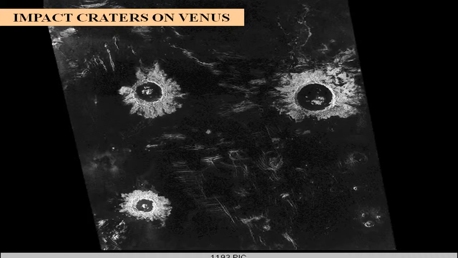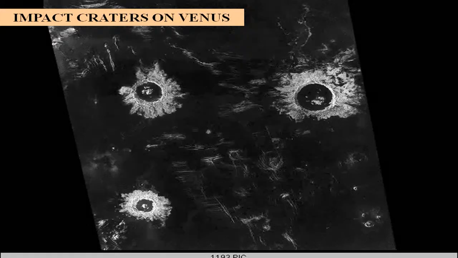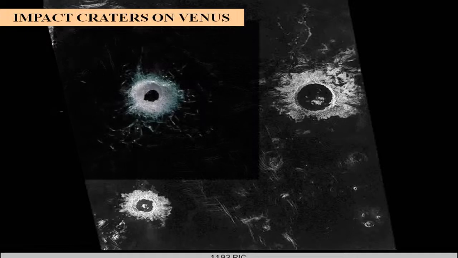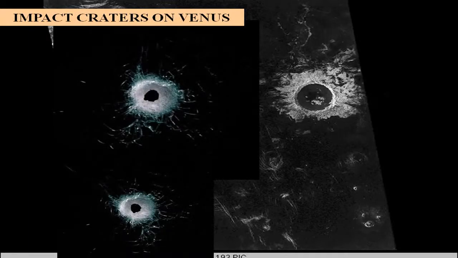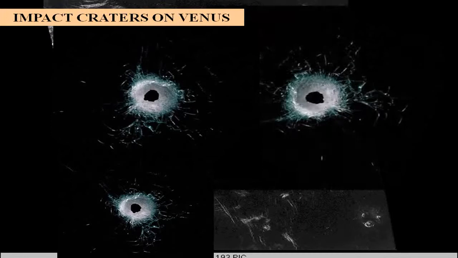If we compare this to actual bullets through glass, that's what a bullet through glass looks like. You have a major impact crater in the middle and a lot of fracturing around it, and then arachnoid-type fracturing radially outward beyond that. So, bullets in glass.